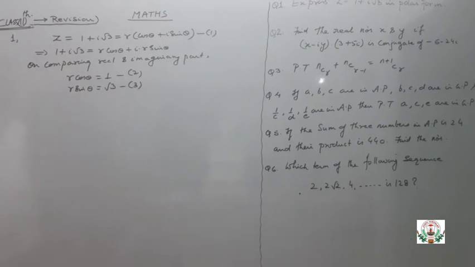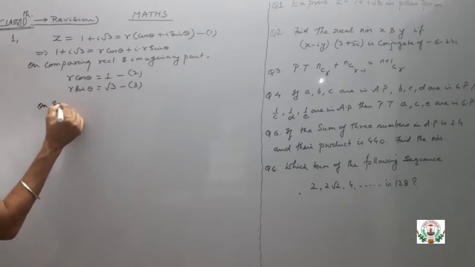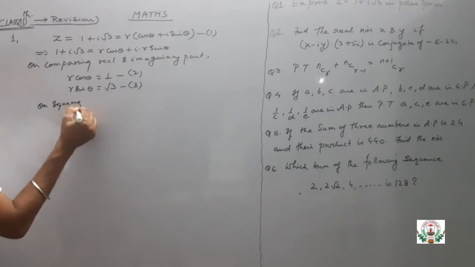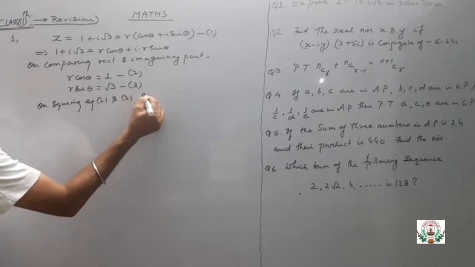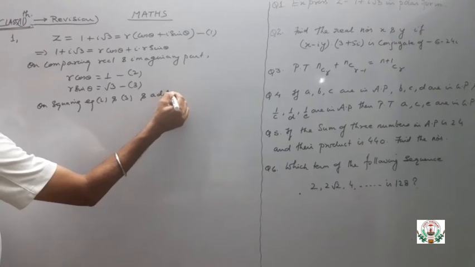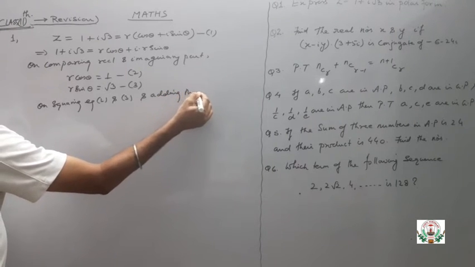Now to get the value of r, we will square both sides of equations 2 and 3 and add them.